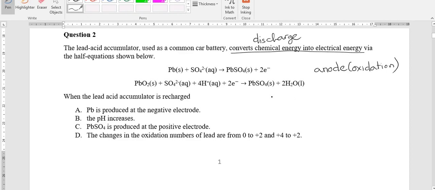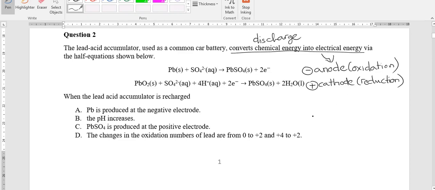And this is going to be the cathode, electrons are gained, so it is reduction. And then we need to look at what happened during recharge. Now I am going to also put the polarities of the electrodes here. So it's negative for the anode and positive for the cathode because we're talking about discharge here.